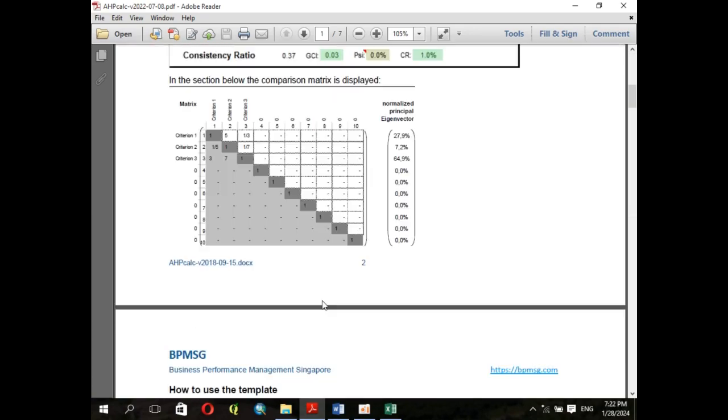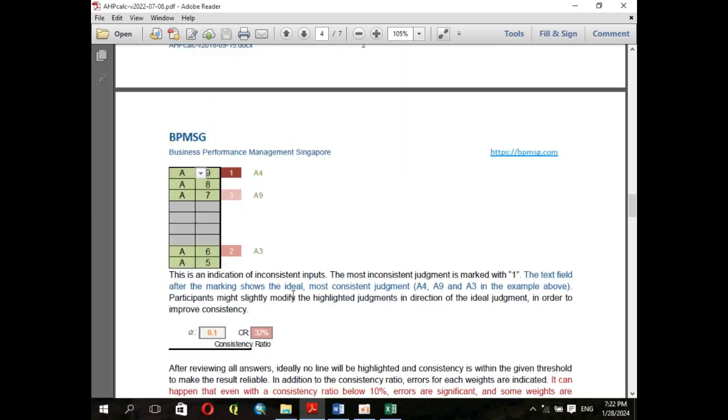Okay, for instance, you see this judgment is inconsistent due to those three things, and one here means the most inconsistent judgment is marked with one. This highly red color is the most inconsistent judgment, followed by these two, and the third one is this one.